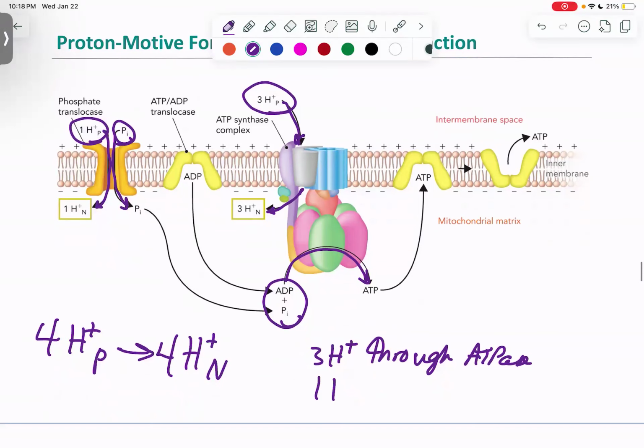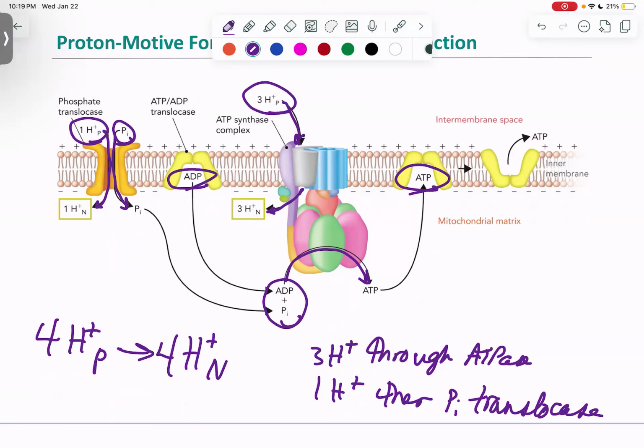And then we have 1 proton that goes through our phosphate translocase. Right, so that's kind of a cool thing to think about. And then you also have to ship out your ATP, and at the same time you're shipping in your ADP, because those are the same. This is the rocking bananas model.